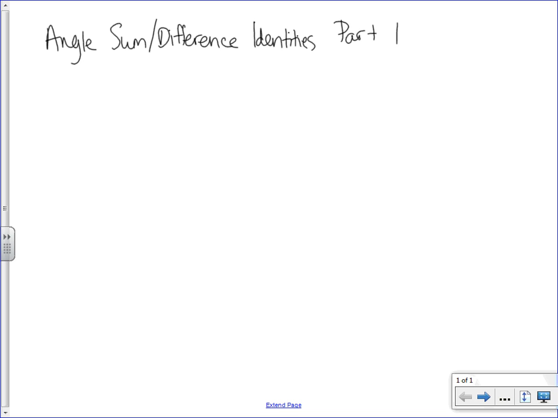For today's video, we are going to talk about cosine. Another video we're going to talk about sine, and another video tangent. We don't need identities for secant, cosecant, cotangent, because those are just the reciprocals of these identities that we have right here.